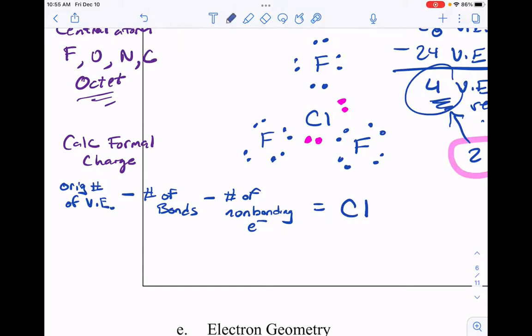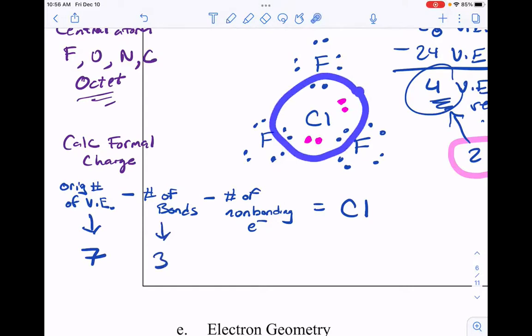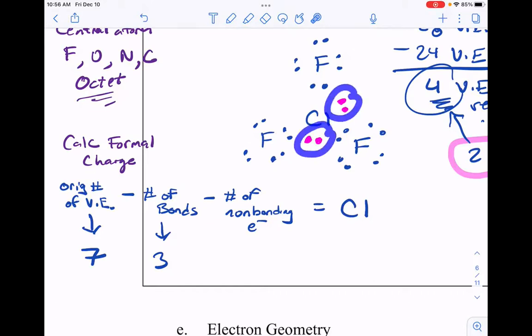The original number of valence electrons for chlorine is 7, because it's group 7. How many of these electrons that I'm circling are actually bonds? 3, correct. So 1, 2, 3. We have 3 bonds. How many of these electrons are non-bonding? 2. You're somewhat correct, there are 2 lone pairs, the ones in pink, but notice this formula is not asking for lone pairs.